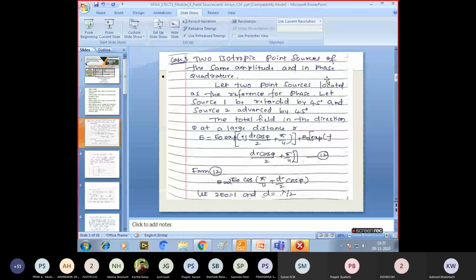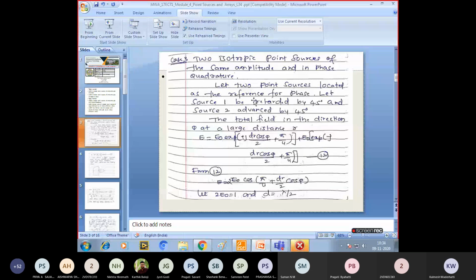The field in the far field distance is exponential of plus j (d r cos phi divided by 2 plus pi by 4) for source 2, and for source 1 the minus j indicates it is retarded, plus exponential of j (d r cos phi divided by 2 plus pi by 4).